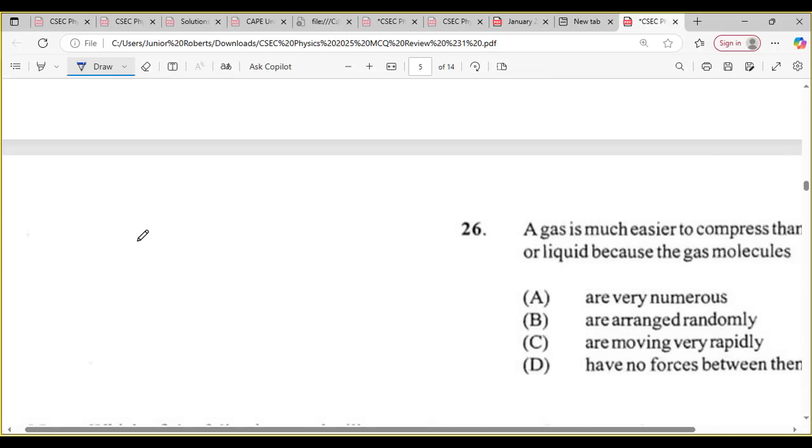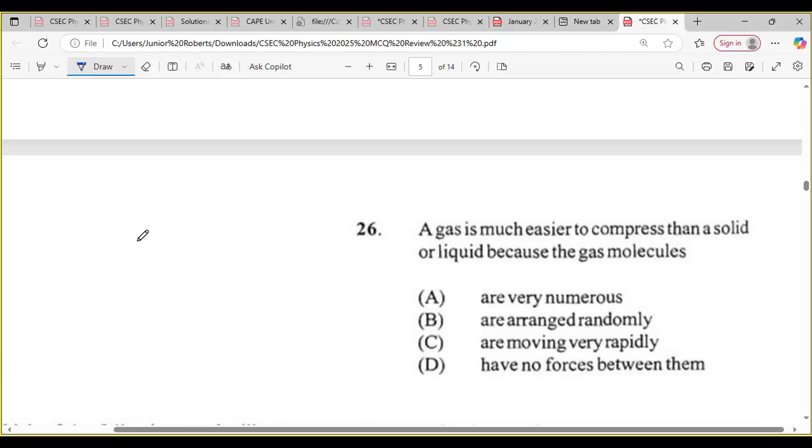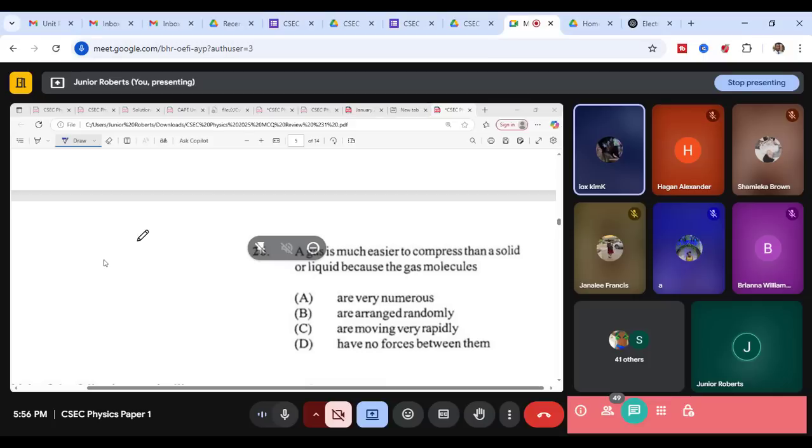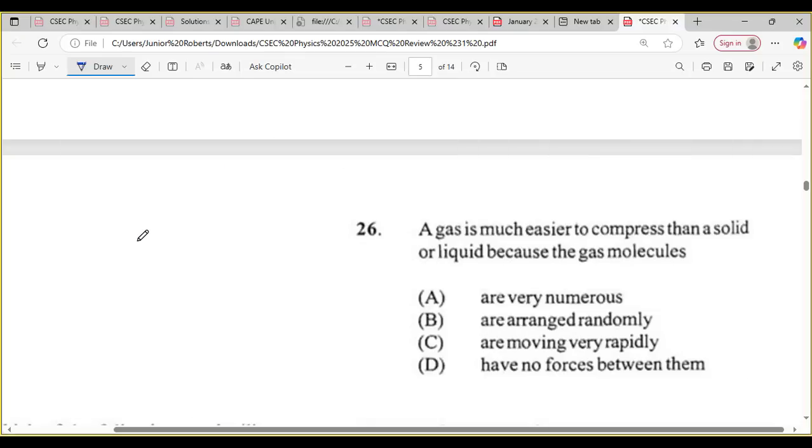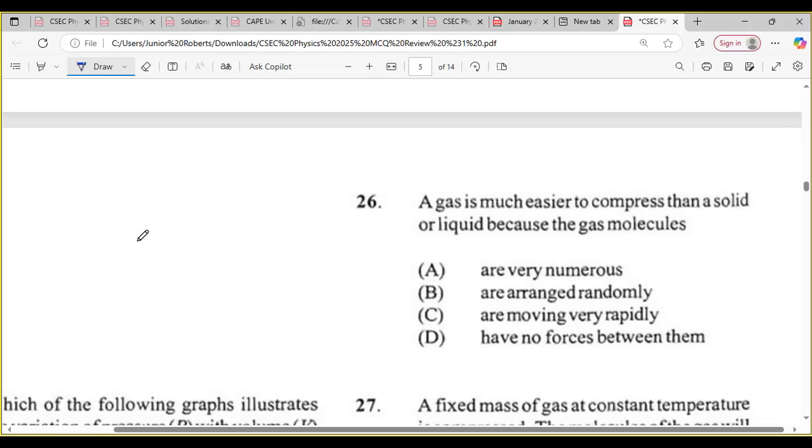So that's 25. 26 now: a gas is much easier to compress than a solid or a liquid because the gas molecules. Our options are that they are numerous, are arranged randomly, are moving about rapidly, or have no forces between them.